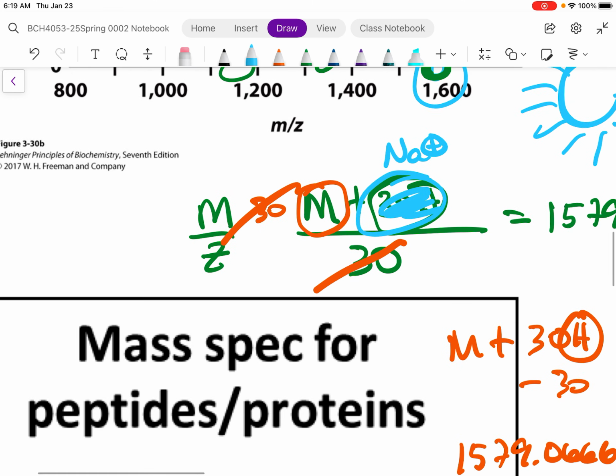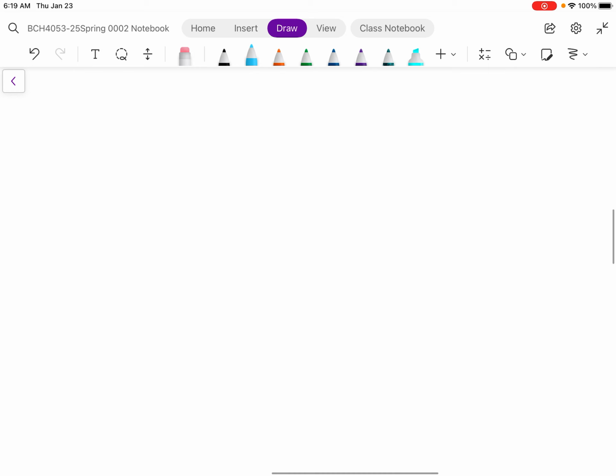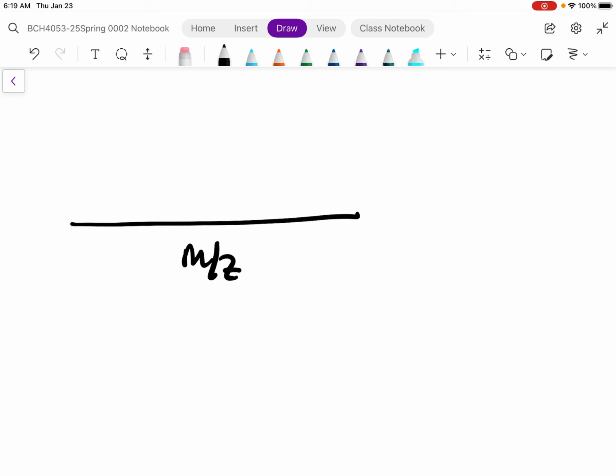Let's take a look at a situation where you don't know the charge. All you have are peaks. How do you figure out the charge of a protein, or how do you figure out the mass of a protein? Let's do a very, very simple example. That's our m over z, and on our y-axis will be the relative abundance.